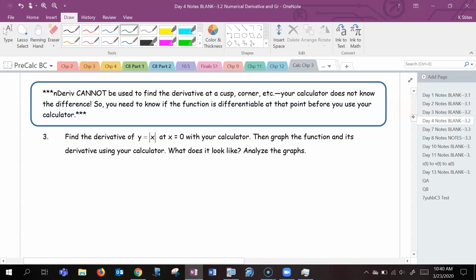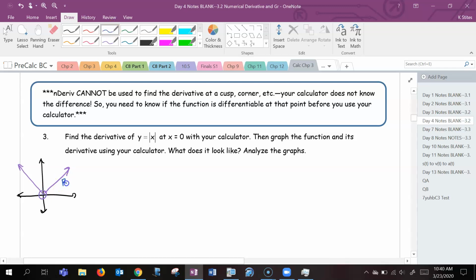Okay, so for example, we're going to find the derivative of y equals absolute value of x at x equals 0 using your calculator. Then I'm going to show you how to graph the function and its derivative. So here's the thing. You should already know, because we just talked about it a couple minutes ago, that we can't find the derivative of y equals absolute value of x at x equals 0.